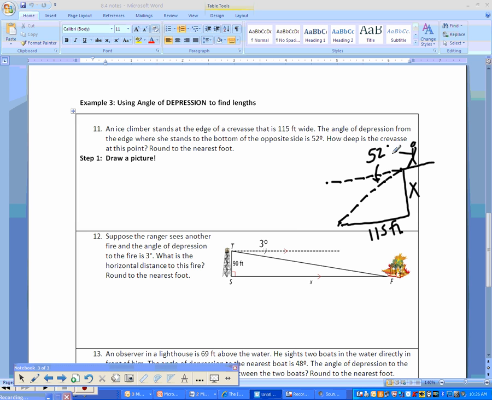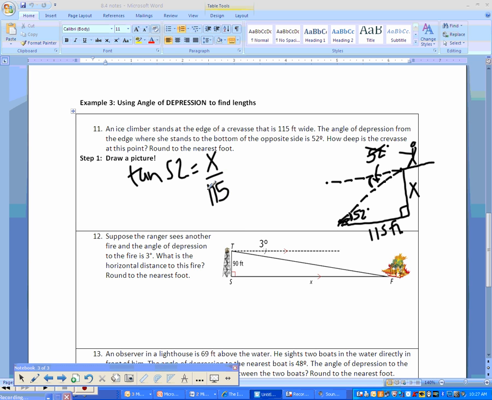Okay, so if 52 degrees is right here, there are two ways you can do it. Since these two horizons are parallel, the 52 degrees could be right here. So ignore this 52 and put the 52 right here. Now you can use tangent of 52 equals opposite over adjacent.